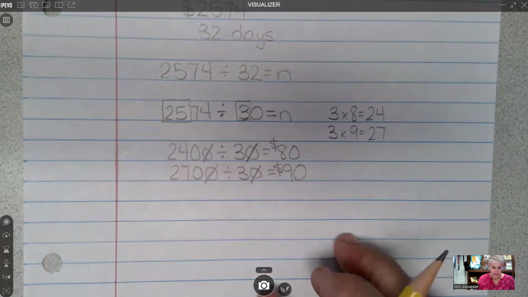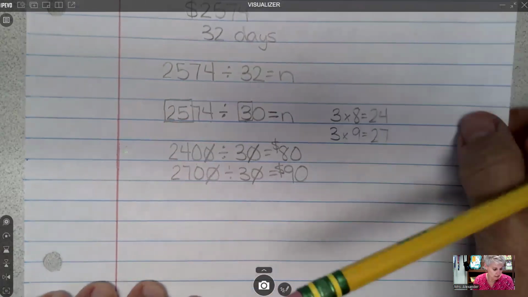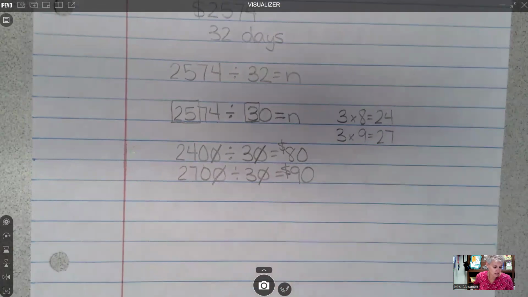All right. The last one at the top of your page that goes along with our lesson, we have to decide if Benil is correct when he says that dividing 8,951 by 94, when he estimates, his answer will be a 3-digit number.